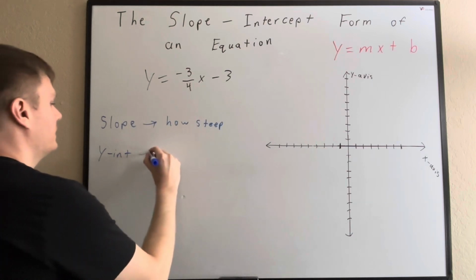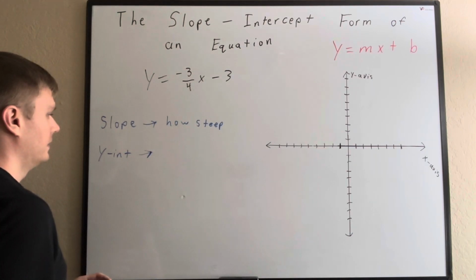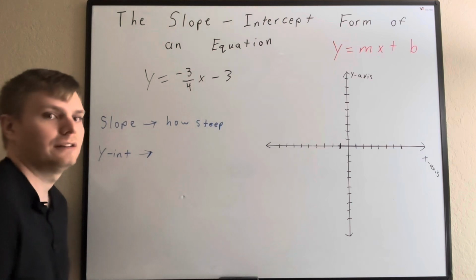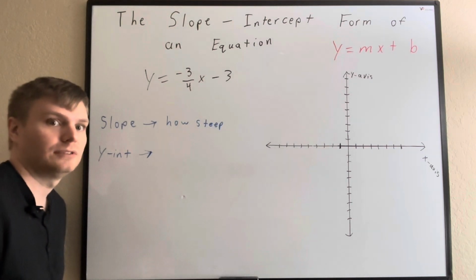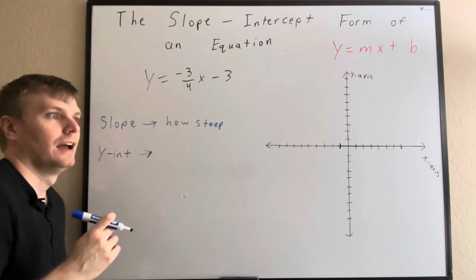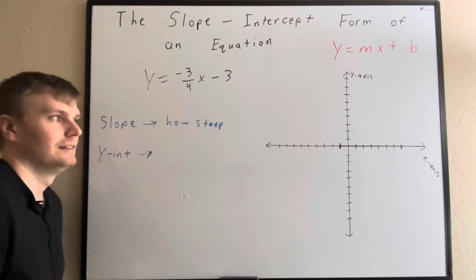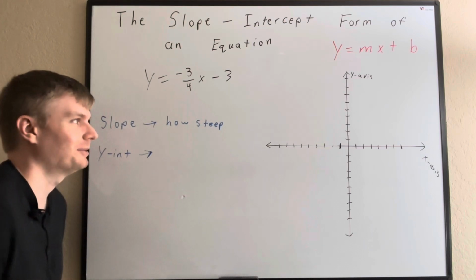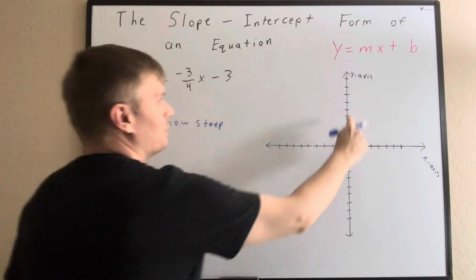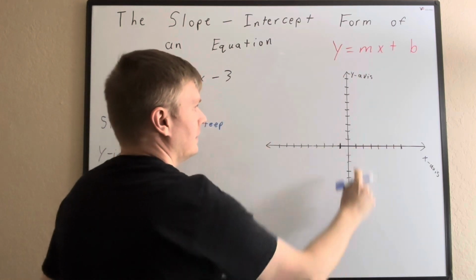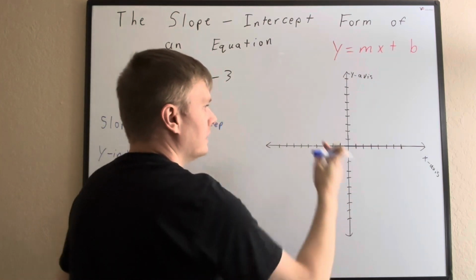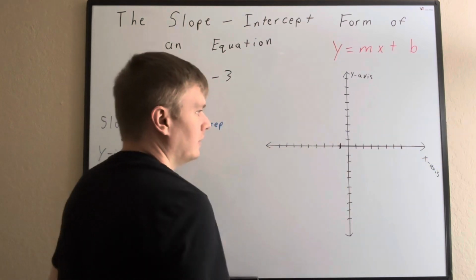The y-intercept, I hate to say it, but it's where the line intercepts the y-axis. Not sure how to put that in a better way. But we have this y-axis, right? We all know about that thing. It just goes straight down the middle of our Cartesian coordinate plane.